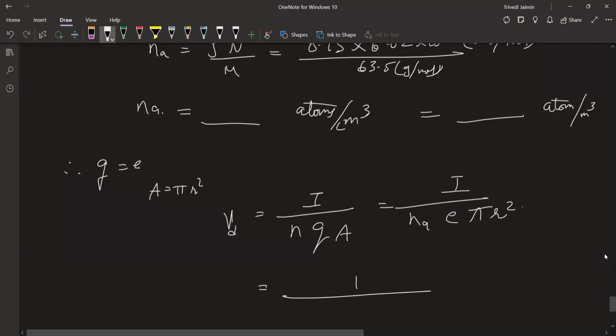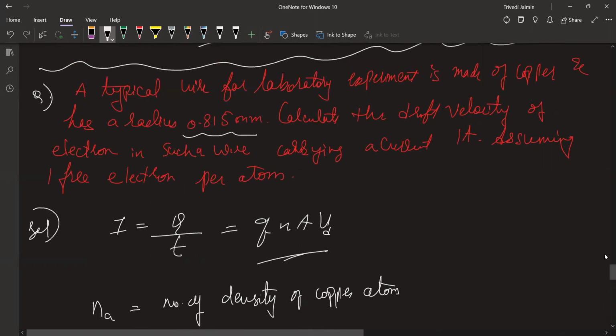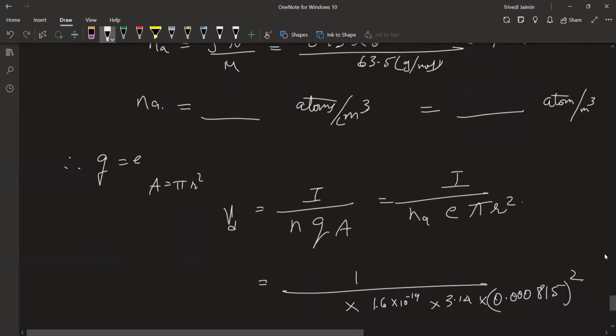So I is 1 ampere, and E is 1.6 into 10 to power minus 19, into 3.14 into R, which is 0.815 mm, the whole square. Now quickly tell me NA value so that I can complete the question.